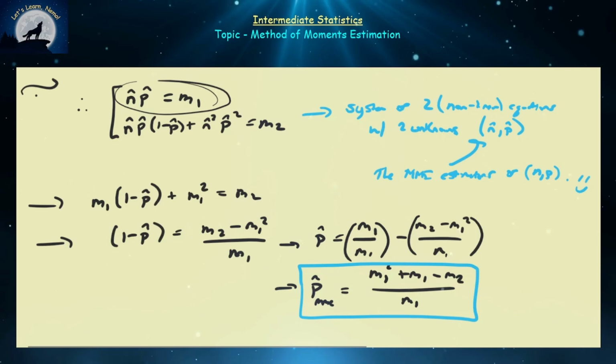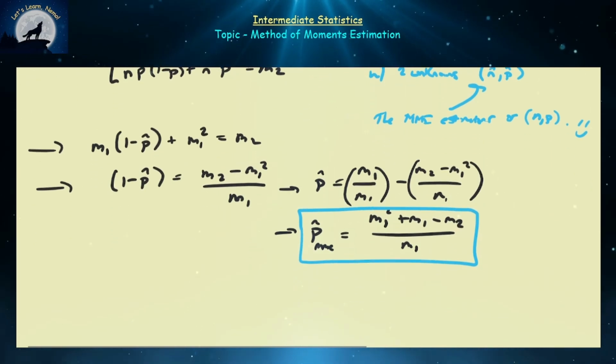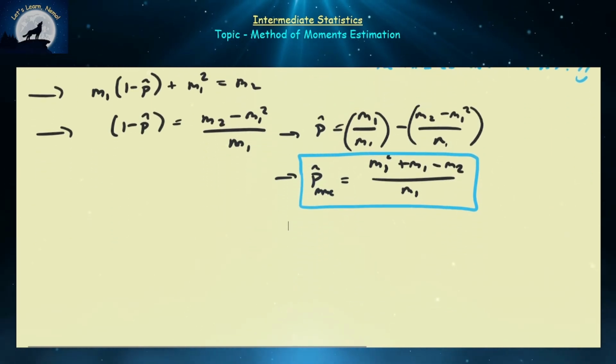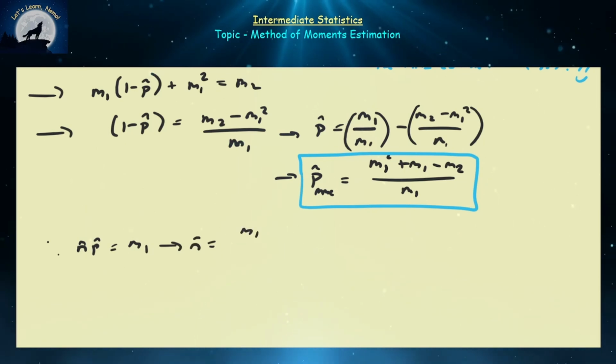Now once I have p, I can use the first equation in order to solve for n by dividing both sides by p hat. So we have n hat p hat equal to m1, which means that n hat will be equal to m1 over p hat. Right, so we need to reciprocate this particular expression and then multiply it by m1.